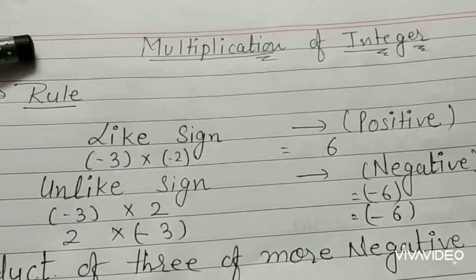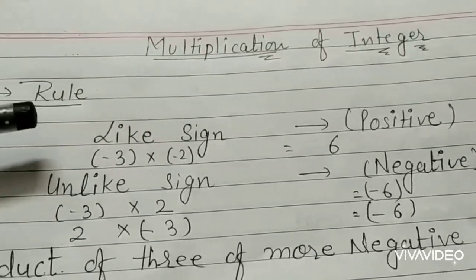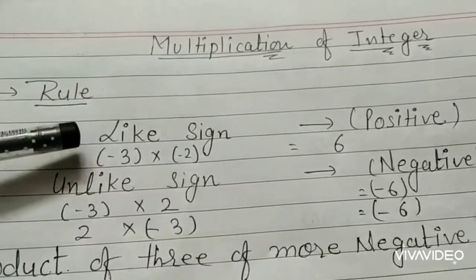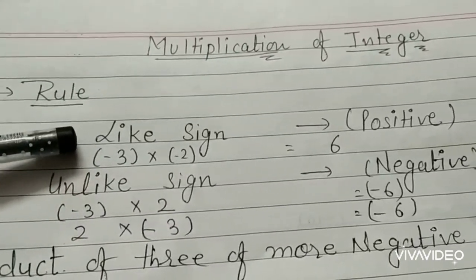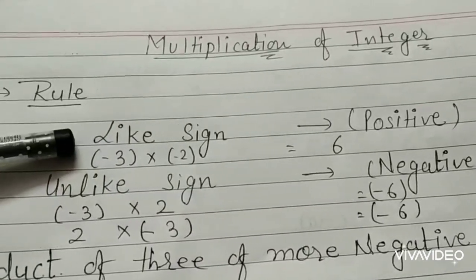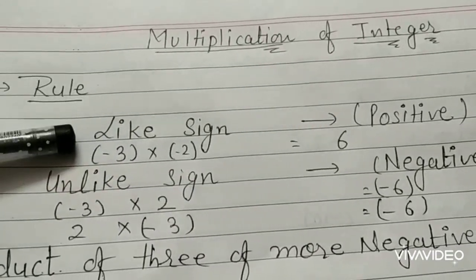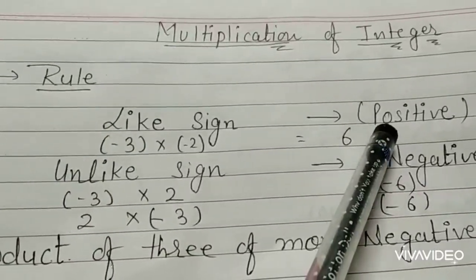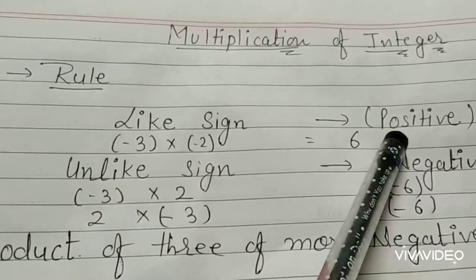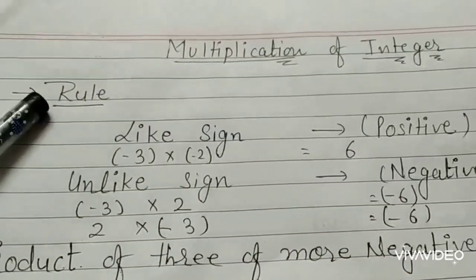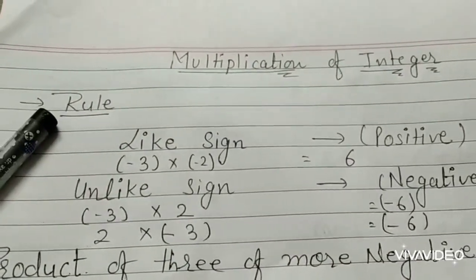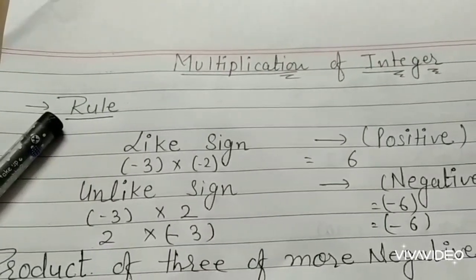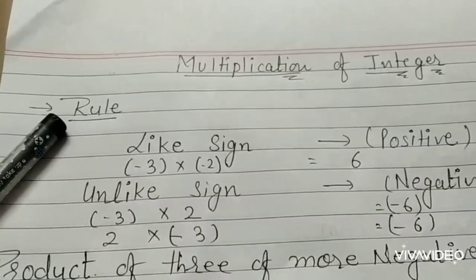For multiplication of integers, we can use these two rules. The first rule states that if we have like signs, that means if we have taken integers which have like signs, then the product will be a positive integer. For example, if you take positive 3 multiplied by positive 2, your answer will be 6.